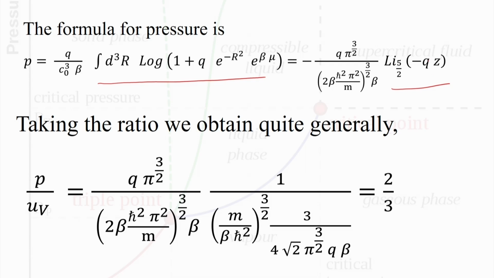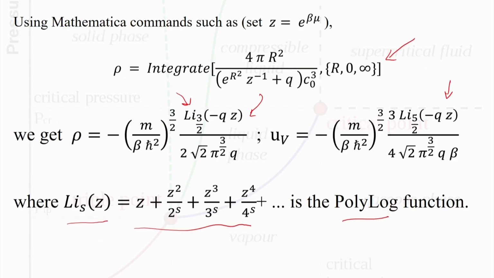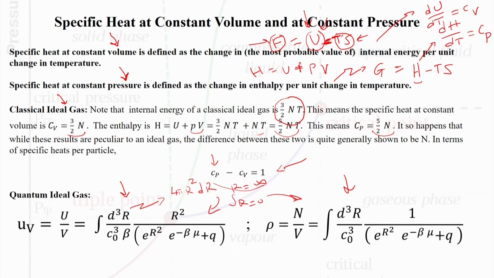Regardless of what q is, remember that if q was +1, it was fermions, and if it was -1, it was bosons.